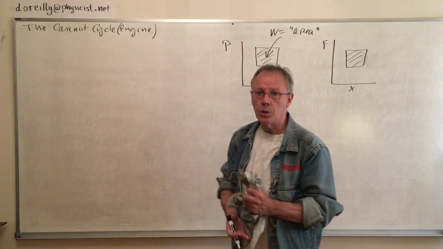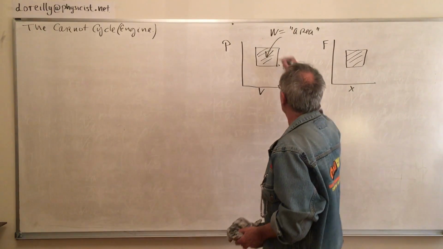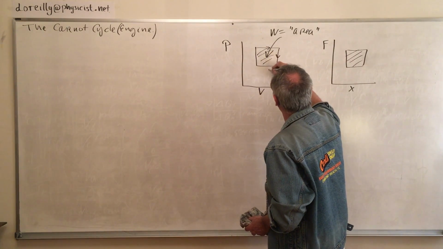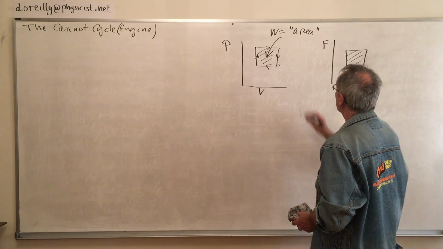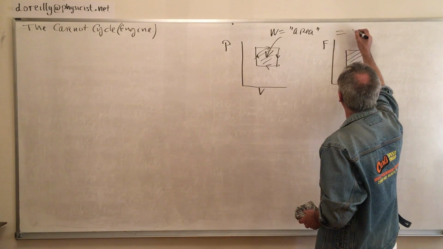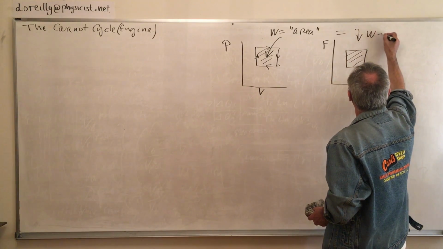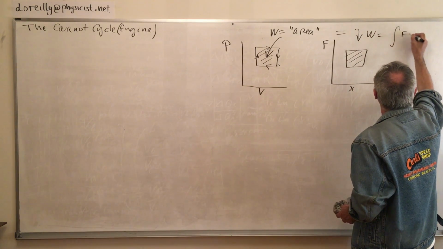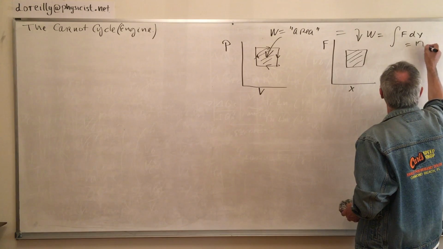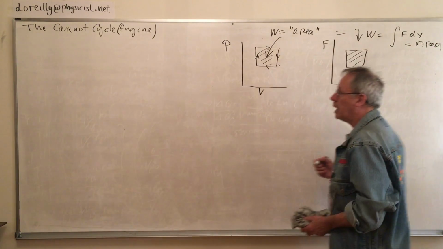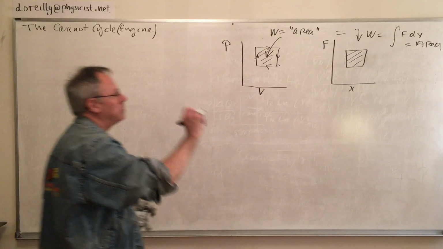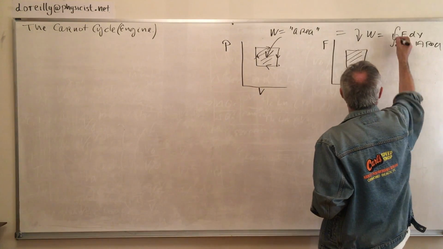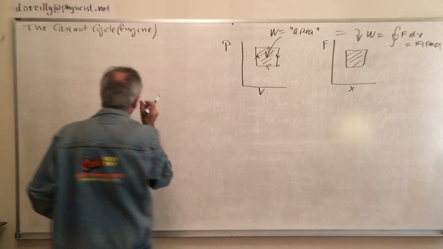You need to have an enclosed area, so you need to go around the whole figure to make a cycle. The area under the figure is the work done. And as you know, the area inside the figure is, well, it's a line integral, the work done. Never mind about that, we're getting a bit technical.